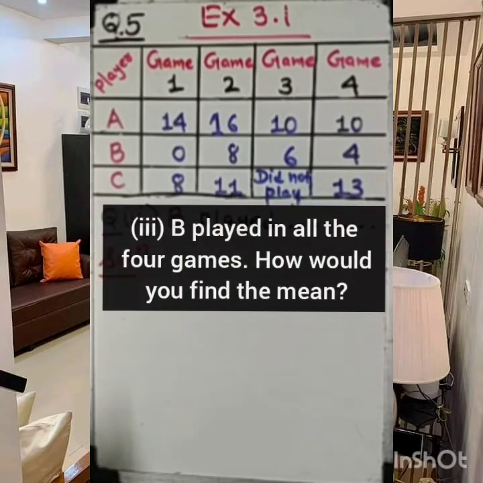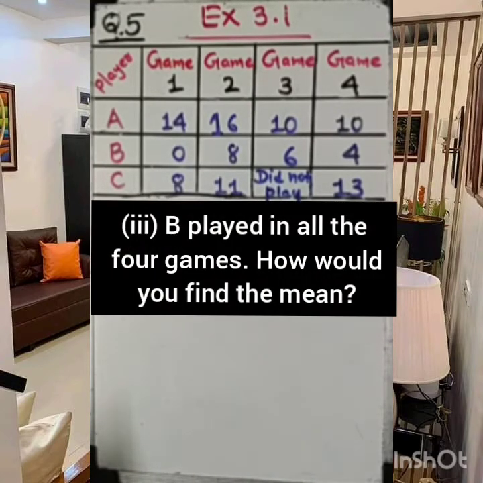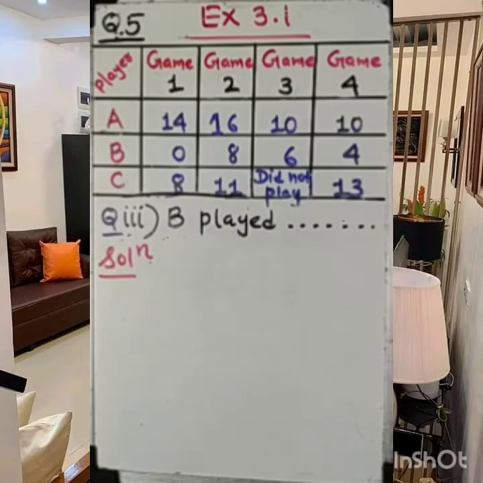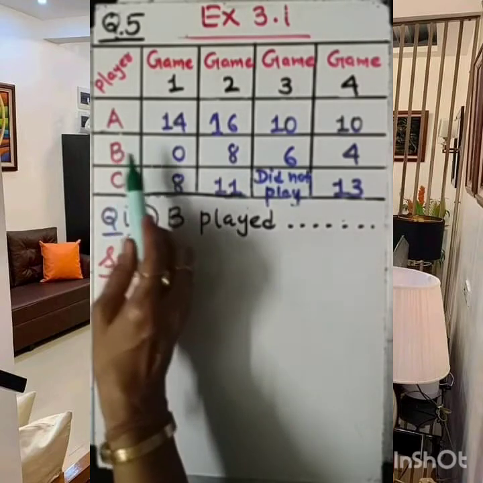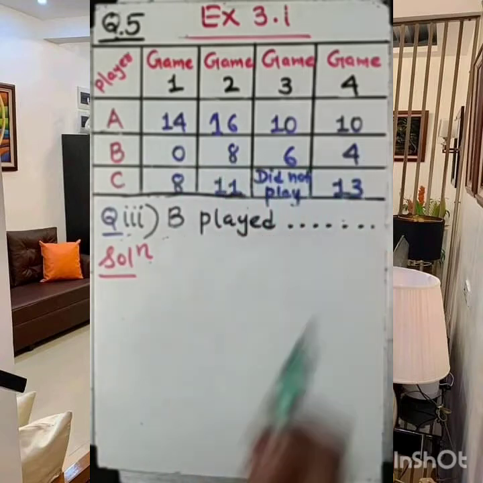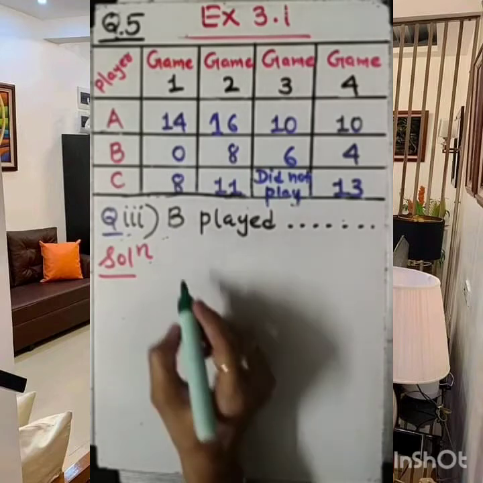So dear student, question number 3 we are given is, B played in all the 4 games. How would you find the mean? Yes, we can see in the question, player B is playing all 4 games. So how are we going to find the mean? Very simple.